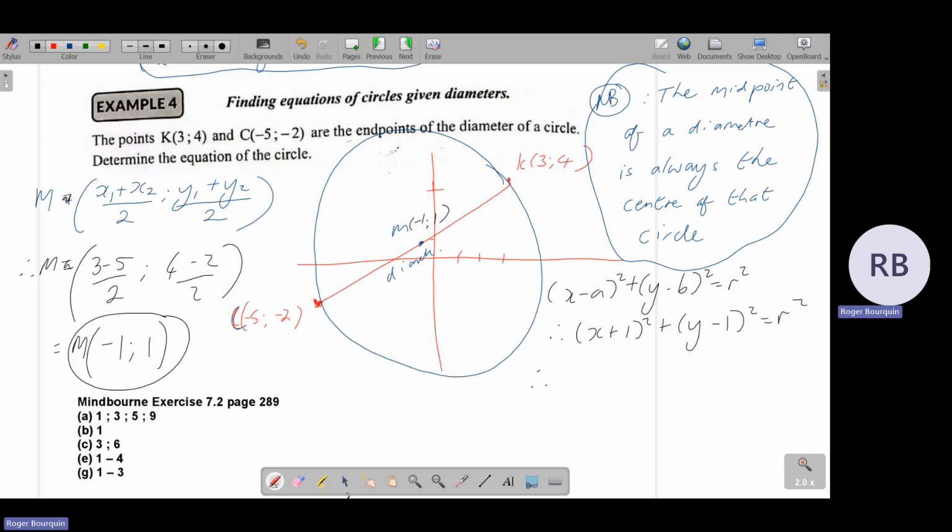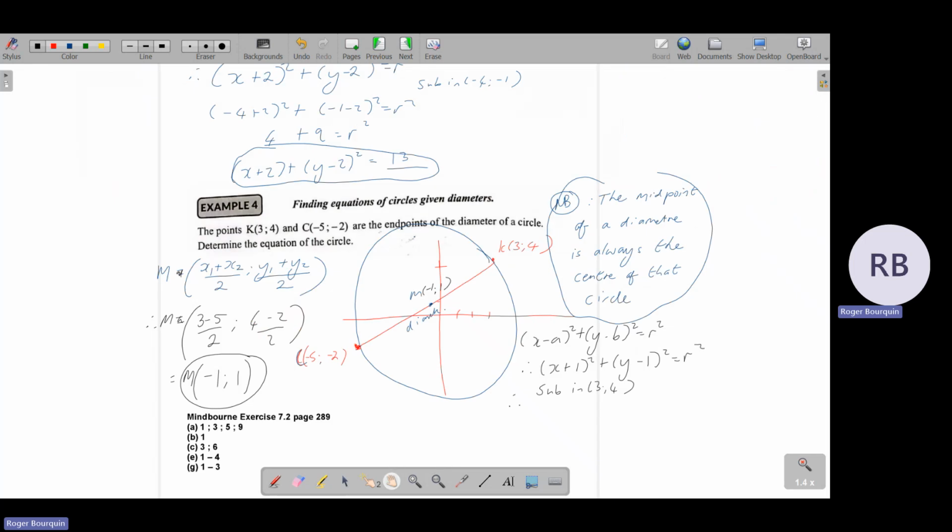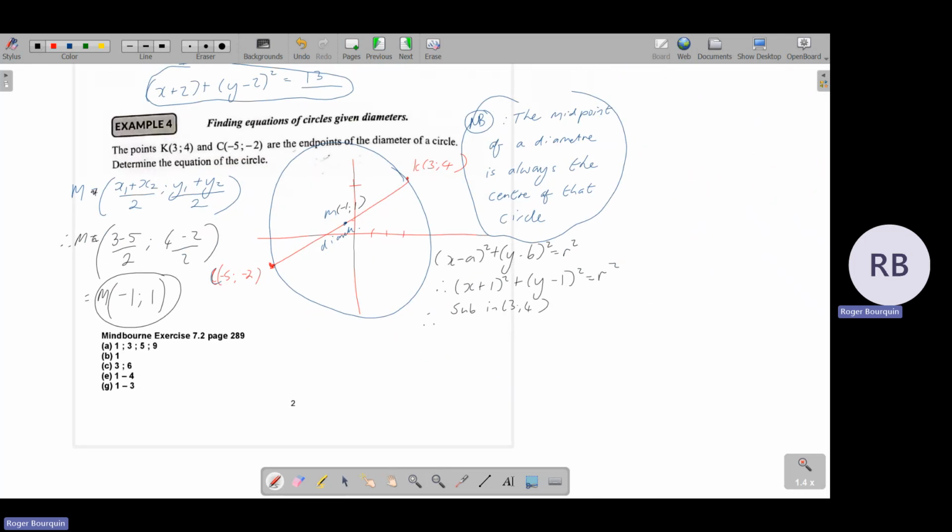I'm going to sub in (3, 4). Right, sub in (3, 4) and solve it. Don't forget to write down your final answer for the question. 16 plus 9 is 25.